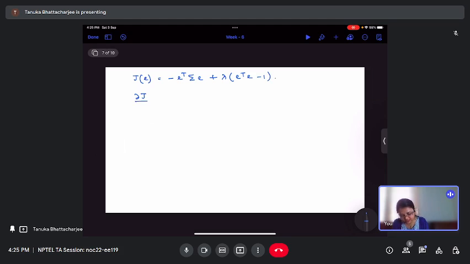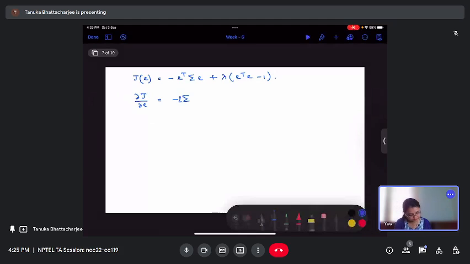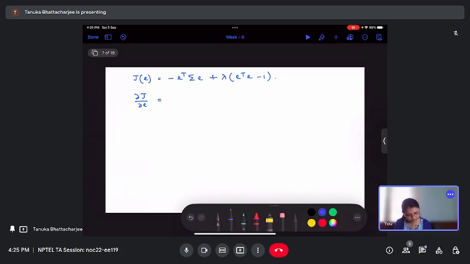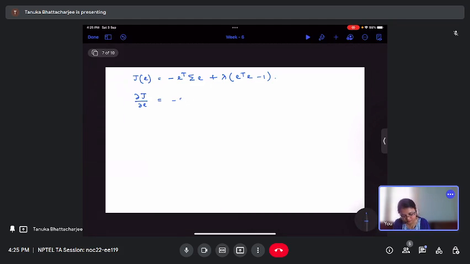So del J del E will be minus 2 sigma E plus 2 lambda E. You equate this to 0, or in other words you have sigma E equal to lambda E. As you know, this is basically the eigenvalue problem.